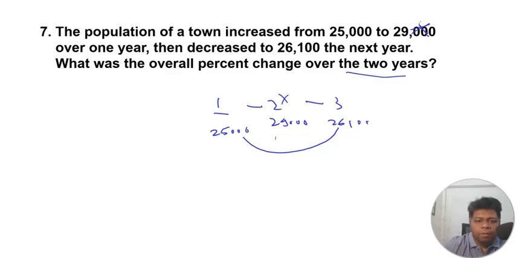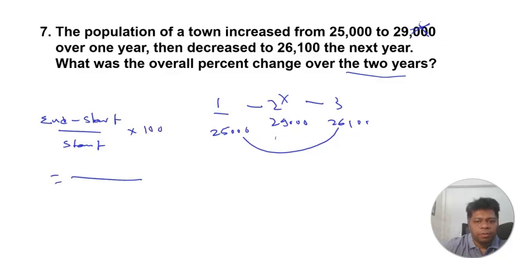So now to calculate it, remember the formula: the increase in the value, end minus start, then you can put the start at the denominator, and then multiply by 100. If I put it over here, it will be 26,100 minus 25,000, divided by 25,000, into 100.